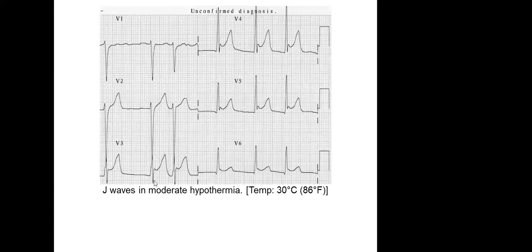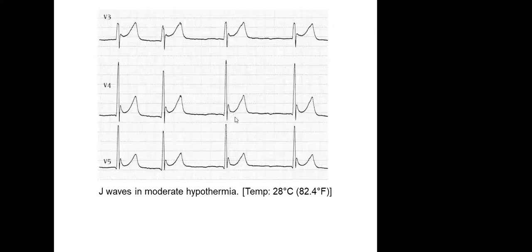In this case, we can easily see in the precordial leads an S and a positive J wave. This is moderate hypothermia, temperature is 30 degrees. At the J point, we have a positive deflection. This positive deflection is called the J wave, also known as the Osborn wave.